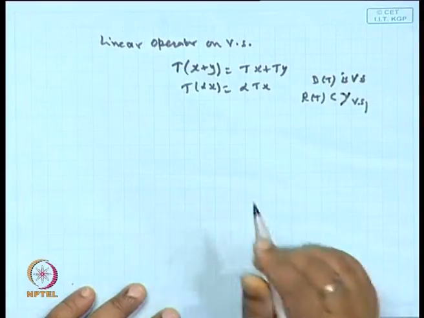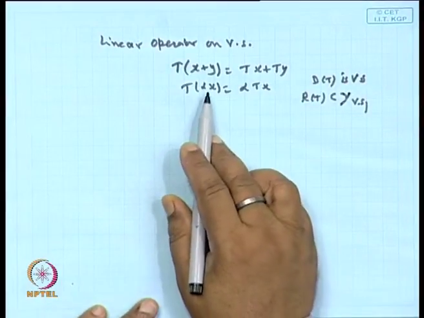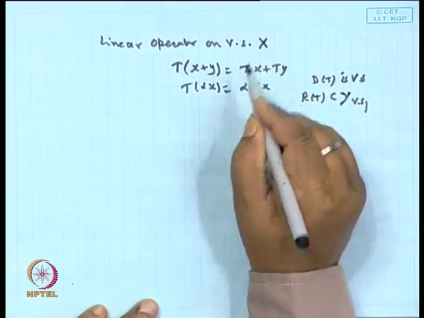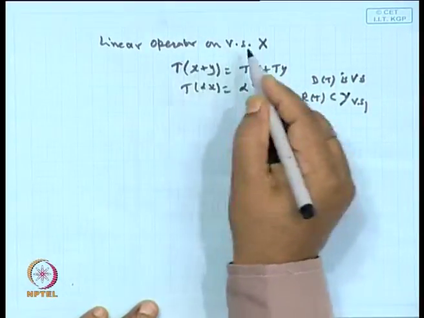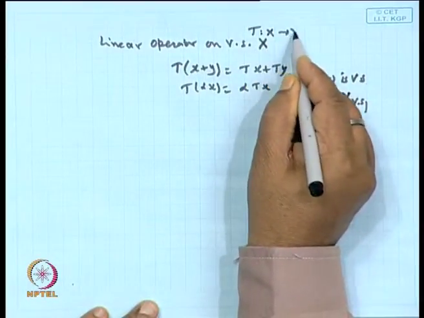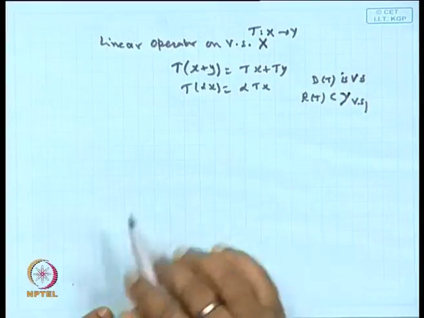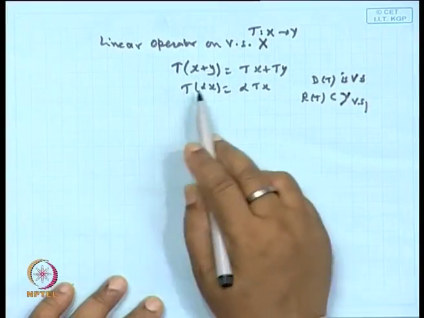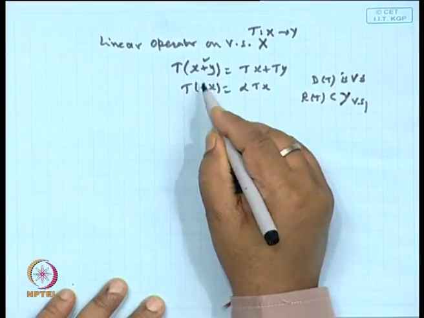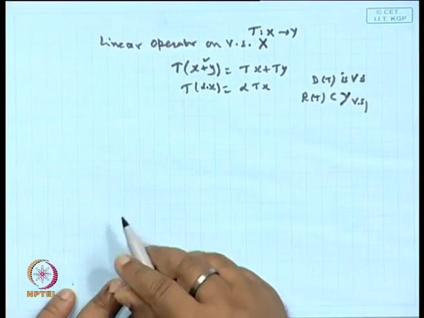That way we have defined the linear operator on a vector space, say X, T an operator from X to Y. Now, if we look at the definition here, we have two operations, addition and scalar multiplication.